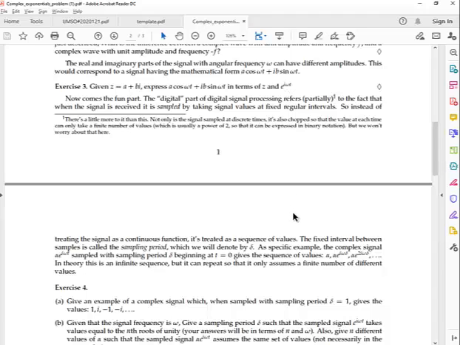So we get a series of values. If I also have an amplitude alpha, I get alpha times 1, alpha times e to the i omega delta, alpha times e to the 2 i omega delta. And here again, alpha can be a complex number. All right, now in theory this is an infinite sequence, but it can repeat. So it assumes only a finite number of values.